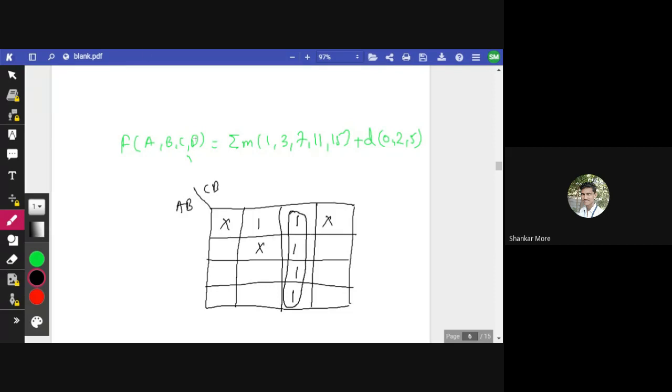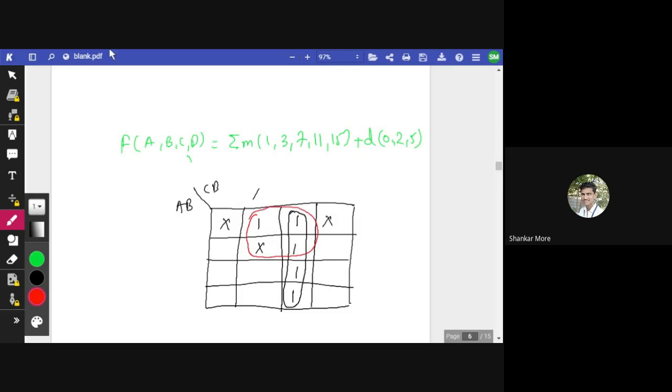So this is one quad for sure. And then, okay, A, B bar. Okay, wait. So we can make this quad also and this quad also. But I would recommend you to not go for it. Go for this.